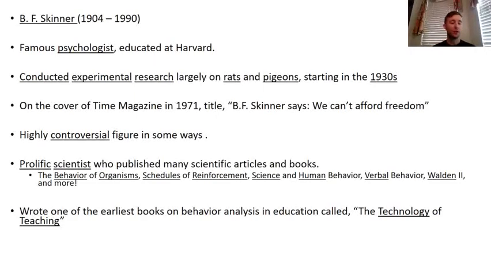So if you're going to go into the teaching field and you're going to use applied behavior analysis, that would be a wonderful place to start in your journey of learning how applied behavior analysis has been used in education, and how that has changed across several decades since Skinner's text.